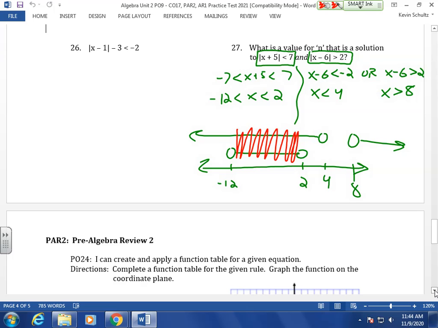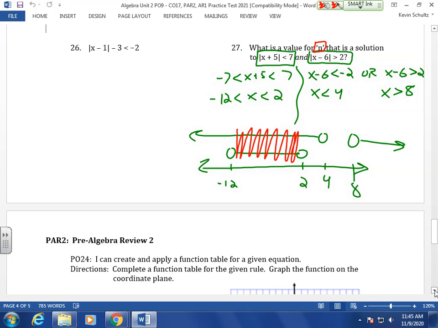Oh, because the question is, what is the value for n that is a solution to both of them? So n represents the solution to both inequalities.